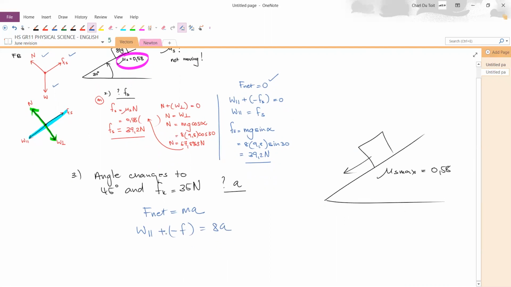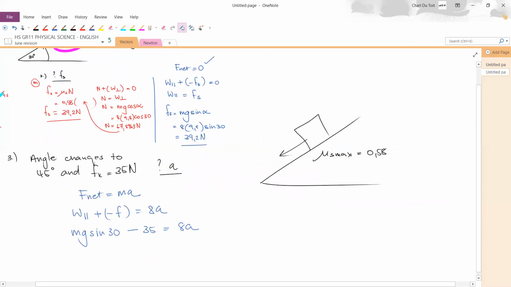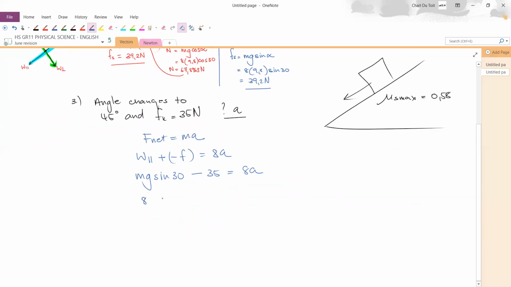Then you have to work out this parallel, which is mg sin 30 minus the 35 Newton friction is 8A. Now we can do that. And that is the mass times 9,8 times sin 30, it's a half, minus 35 equals 8A. In the previous sum, it didn't actually move yet.